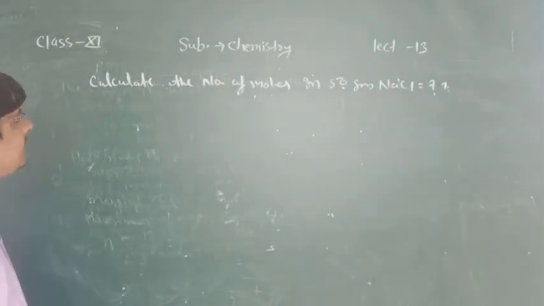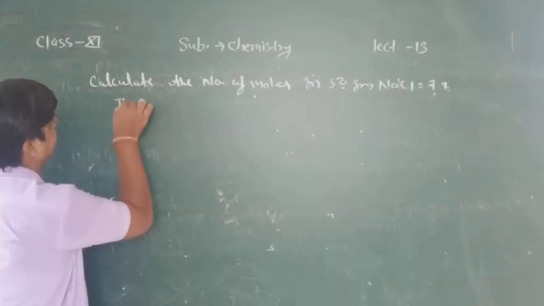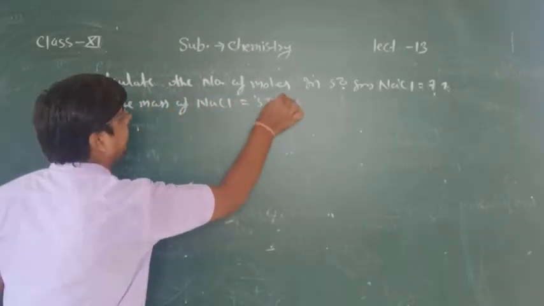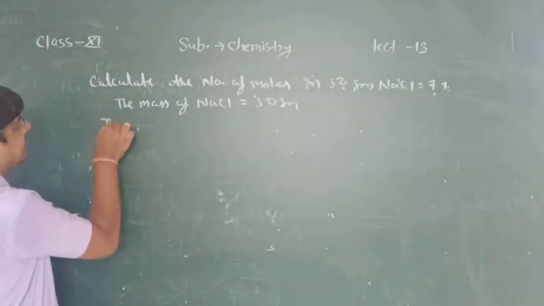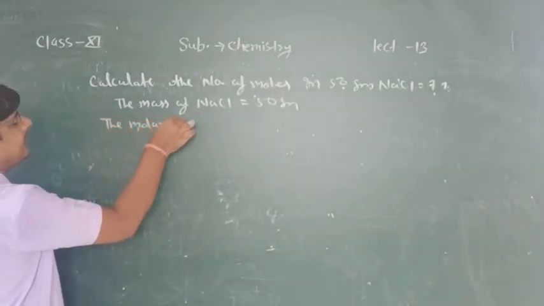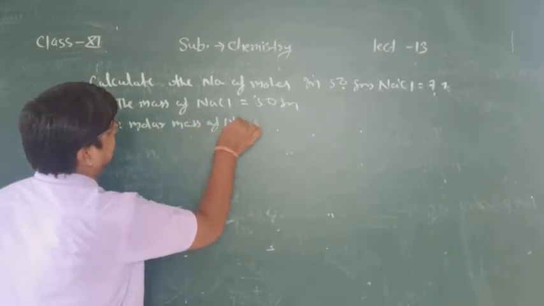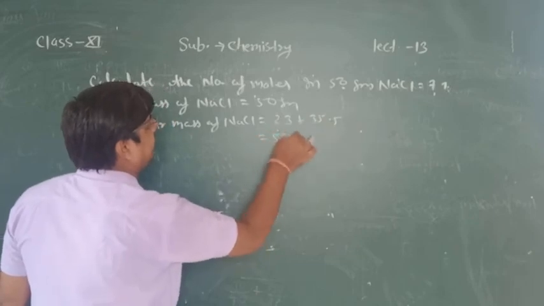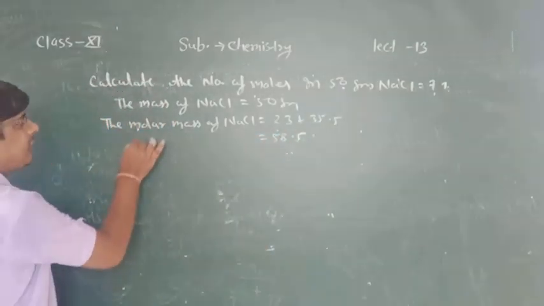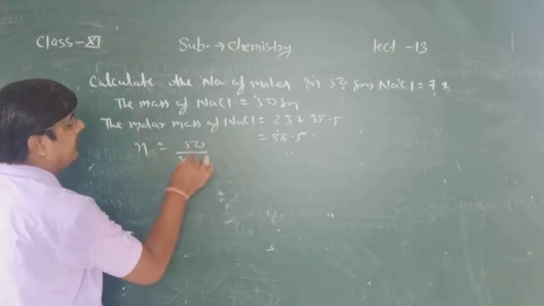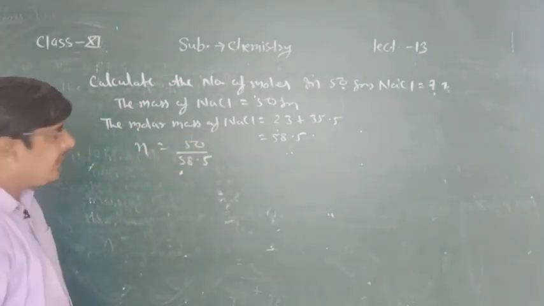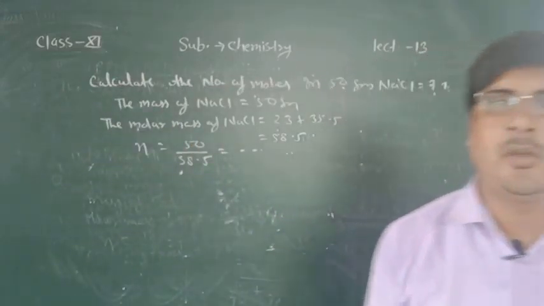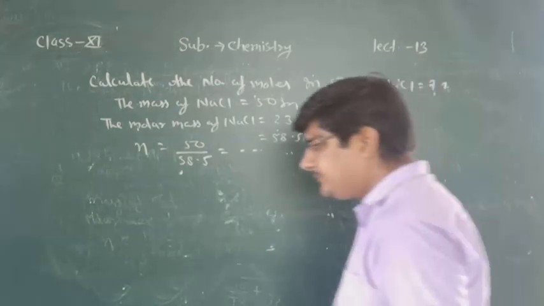Okay, and I am telling you the mass of NaCl is here 50 gram, and the molar mass of NaCl will be 23 plus 35.5, so it should be 58.5. So moles of NaCl will be 50 upon 58.5, mass upon molar mass, and do the calculation by yourself. You will find out the answer. Okay, this is the moles.